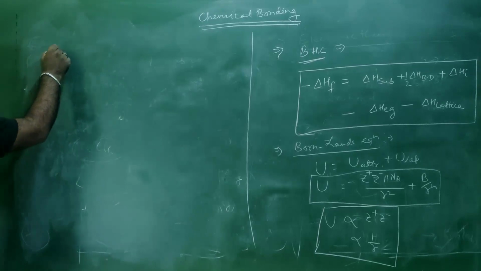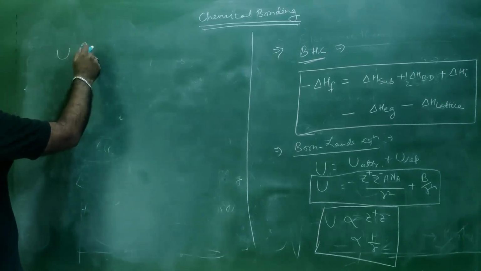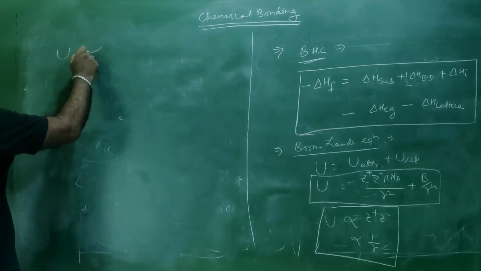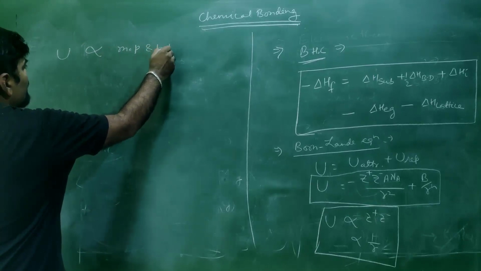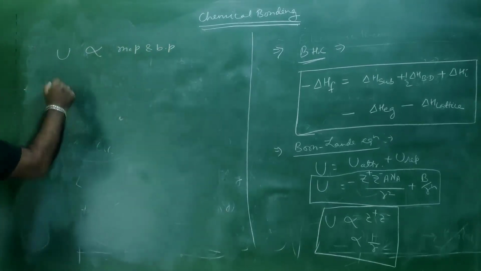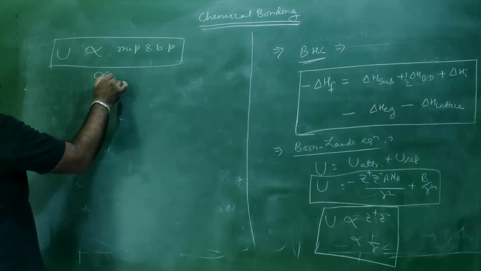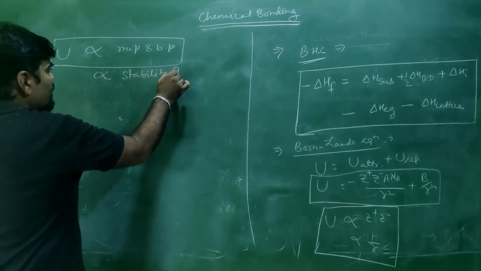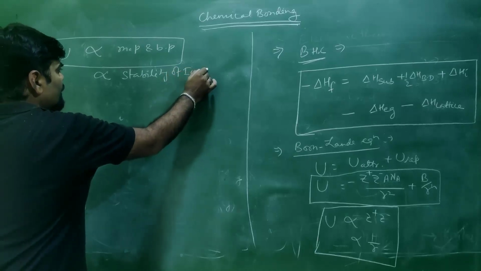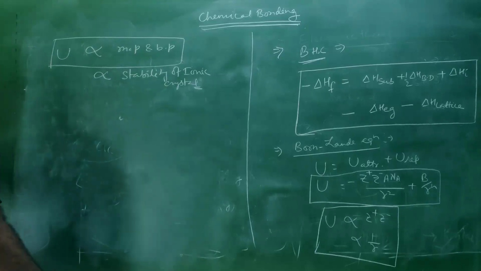Usually, as U increases, if U is more, the melting point and boiling point of the solid is more. If U is more, the melting point and boiling point of the ionic crystal is more. If U is more, the stability of the ionic crystal is more.